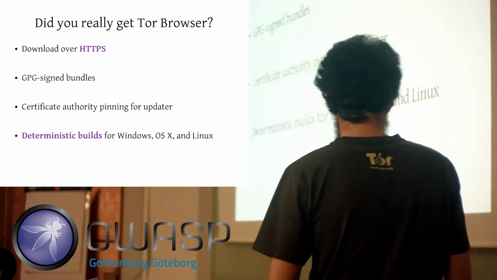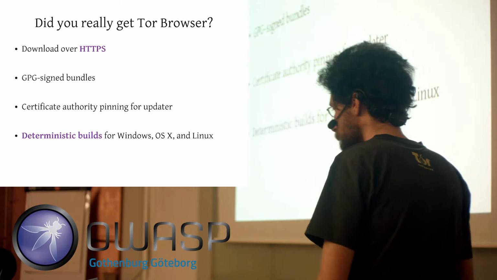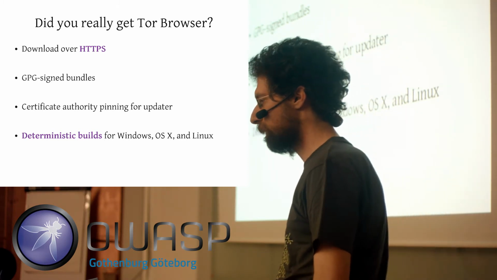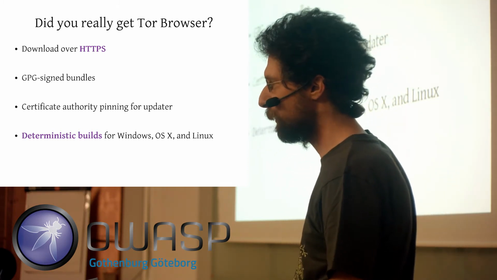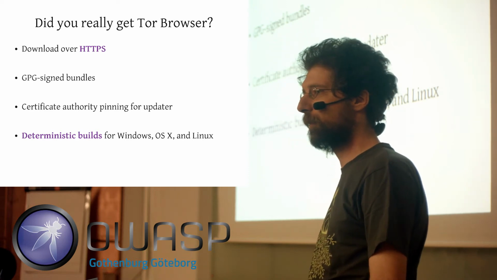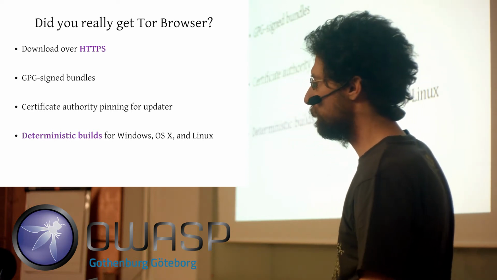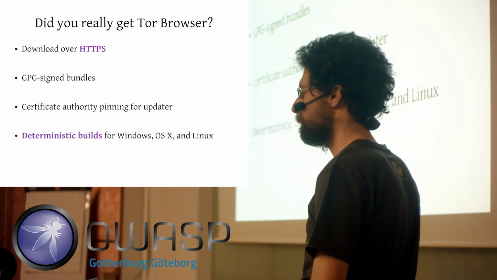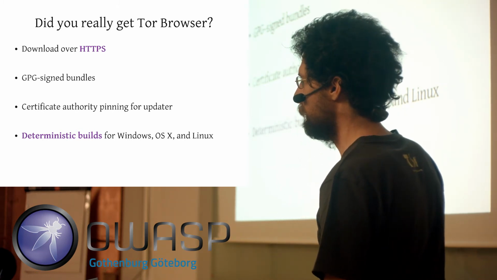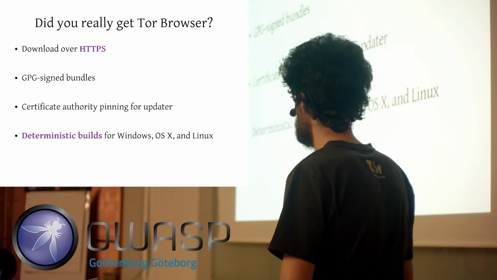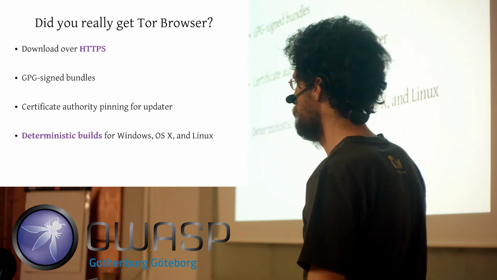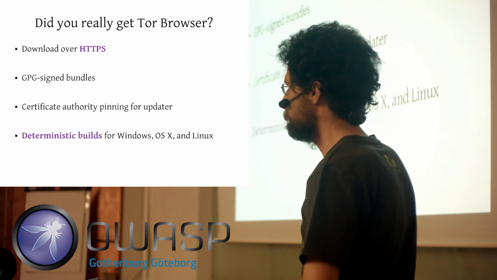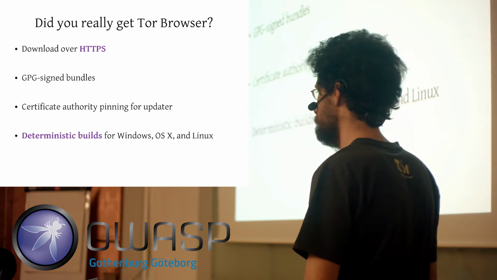But if you think further, what gives you the certainty that there is a direct link between the source code and the binaries you get, right? What happens if our build machine is compromised? What happens if one of the developers who holds the signing keys thinks, well, let's put malware in it and sign it anyway?